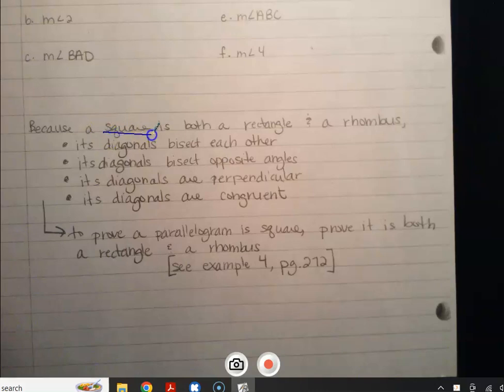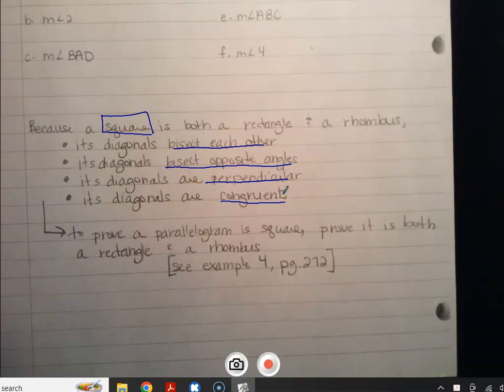So a square's diagonals bisect each other, a square's diagonals bisect opposite angles, a square's diagonals are perpendicular, and a square's diagonals are congruent. There is a lot happening in a square because it has both the properties of a rectangle and a rhombus. We know about its diagonal length, we know what the diagonal does to the angles, we know that it's perpendicular. We know lots of things.